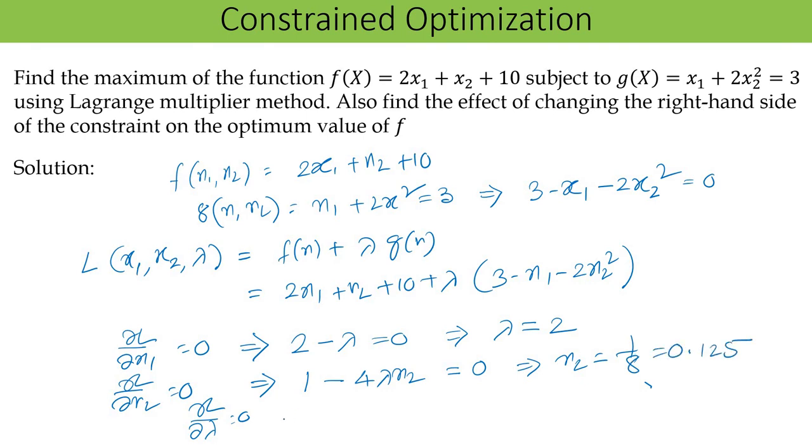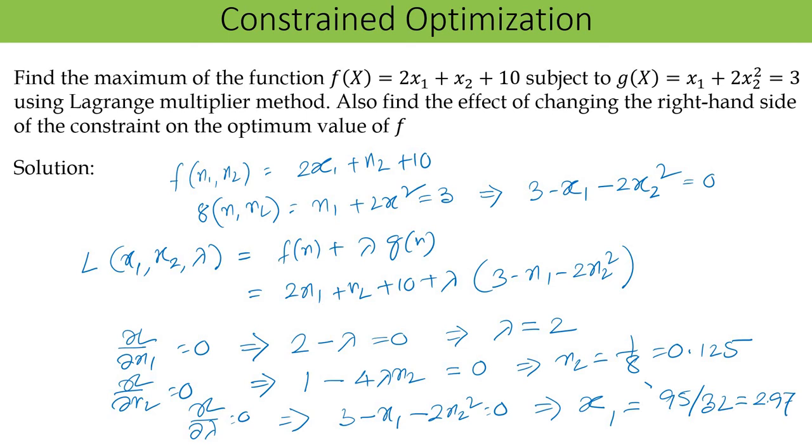And here I'll be getting 3 minus x1 minus 2 x2 squared equal to 0, and if I solve it, then I'm getting that x1 equal to 95 by 32, which is equal to 2.97.